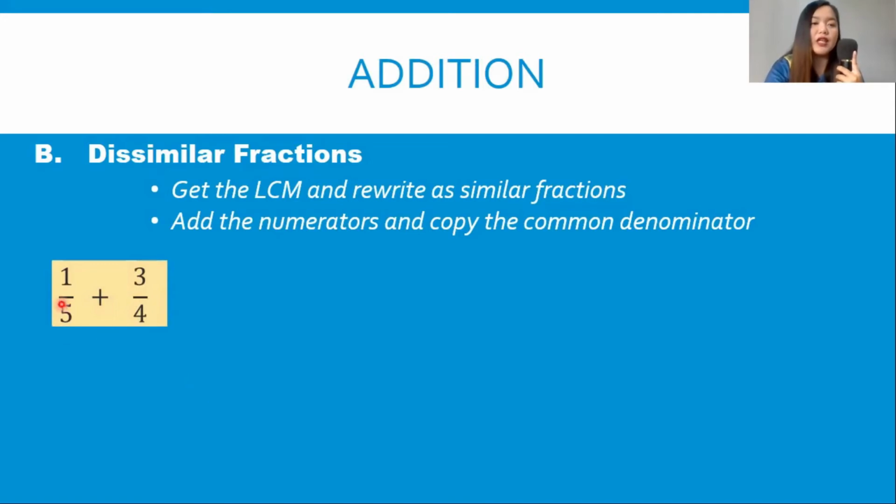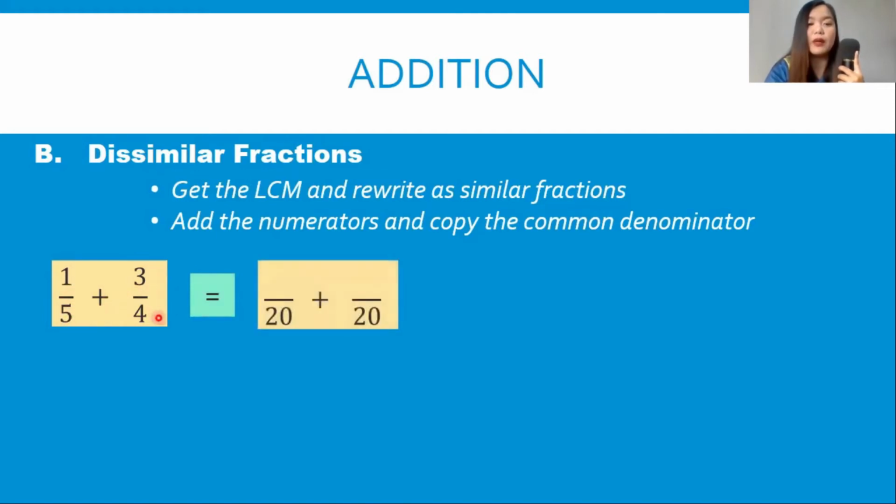We know that they do not have the same denominator, so let's rewrite it as similar fractions by getting their LCM, or the LCD, of 1/5 and 3/4.